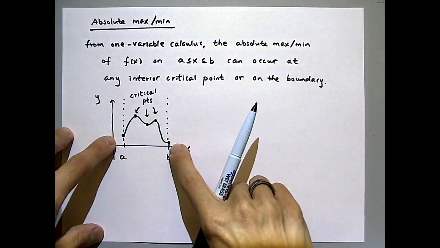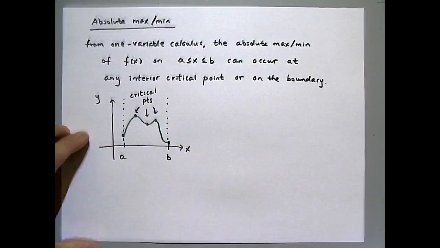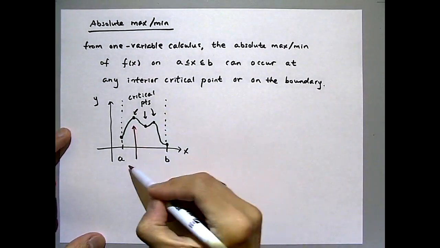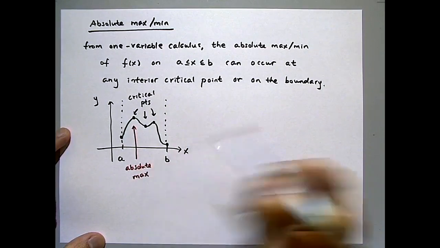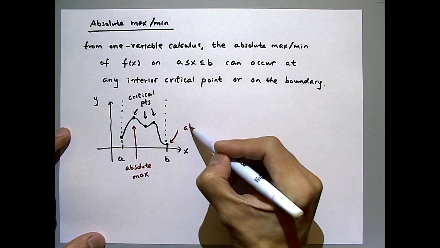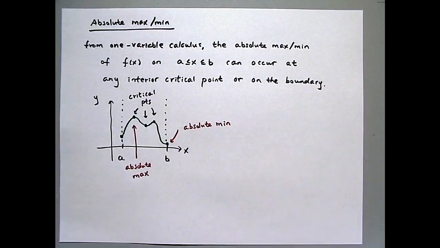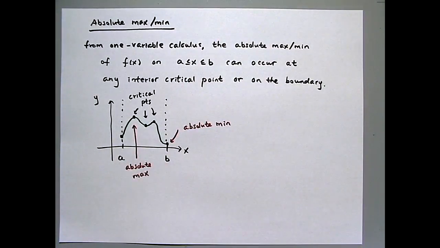And we have two boundary points, right? And so here you can see the highest one is our absolute maximum, which occurs right here. And this guy here, this is our absolute minimum. It's the highest point or the lowest point on that graph within this interval that we care about. Whatever's going on outside, we don't care. But within this interval, we know what's going on here.